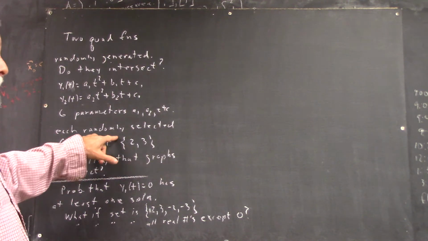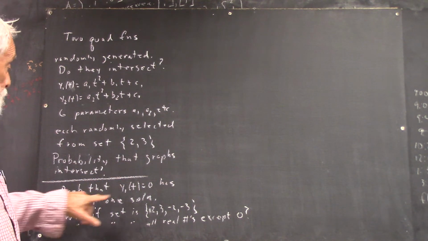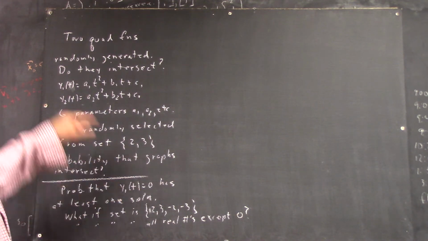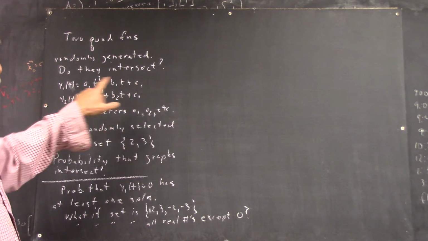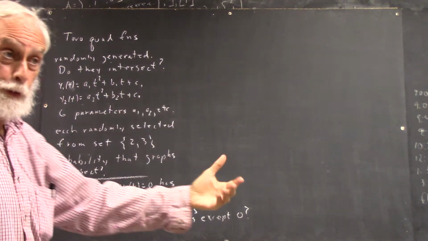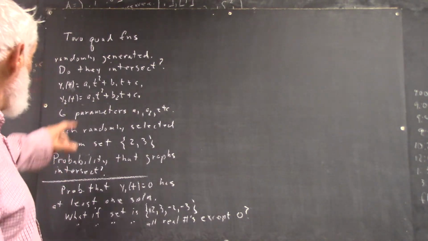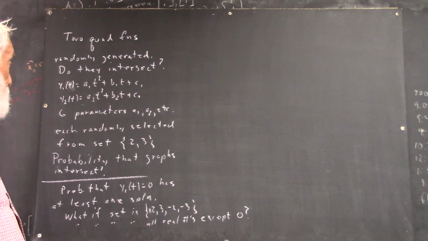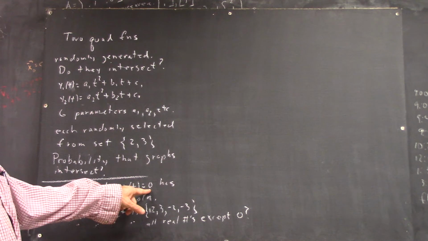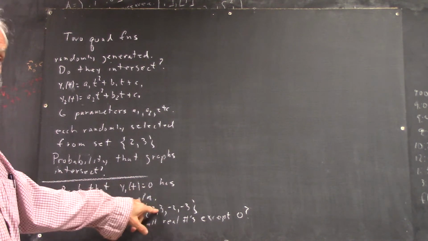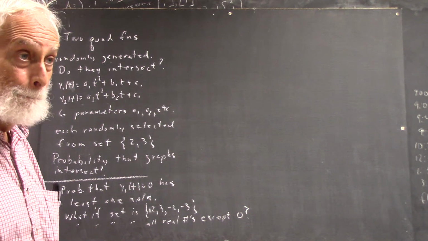So let's simplify the question just a little more. Let's just say, what's the probability that this first function, with these coefficients chosen by coin flips between 2 and 3, has at least one 0? That means you set it equal to 0 and have at least one solution, right?